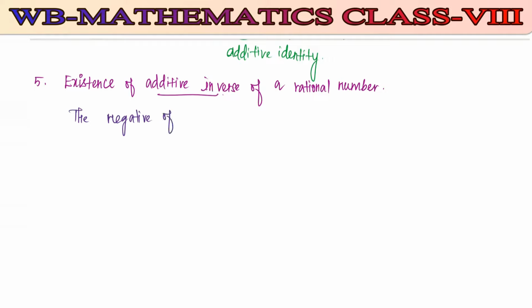The negative of a rational number is called its additive inverse.